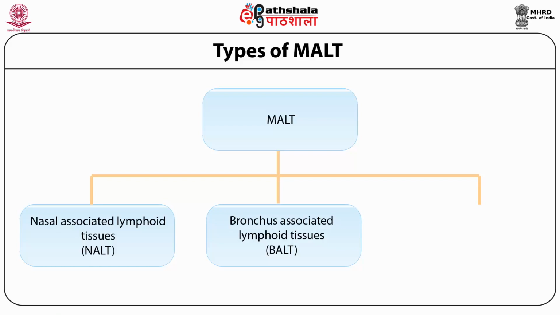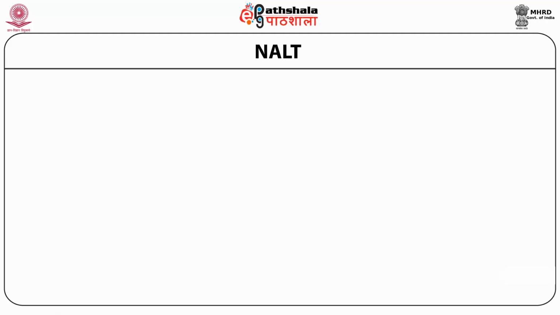BALT stands for bronchus associated lymphoid tissues. GALT stands for gut associated lymphoid tissues. Hence, MALT is associated with different tissues. Some immunologists believe that these different types of MALT, that is the NALT, BALT, and GALT, may be forming an interconnected system. Let us look at the NALT first.